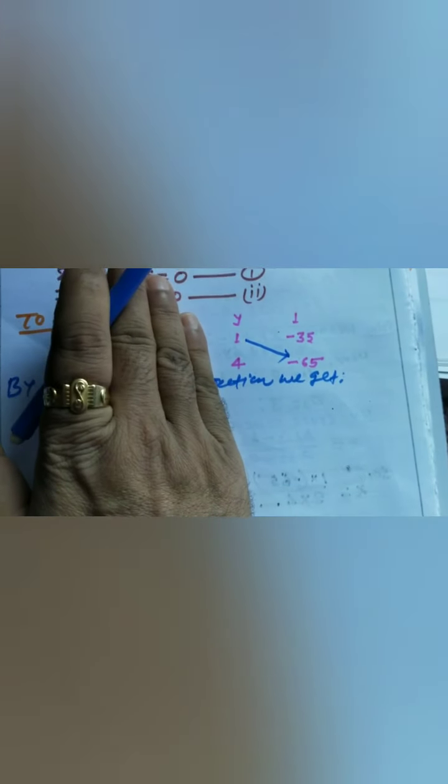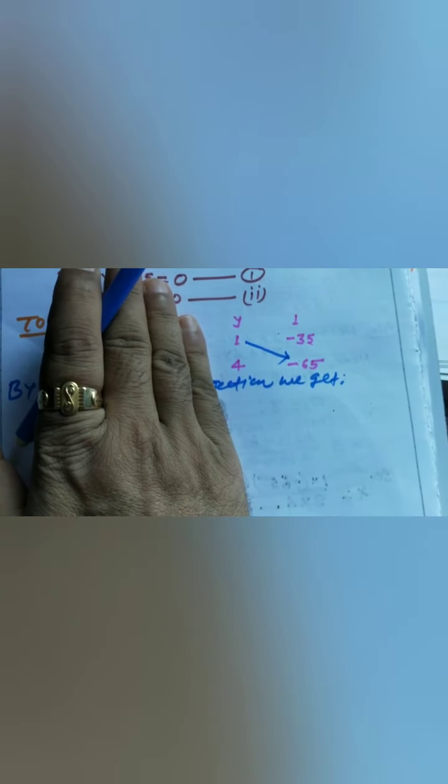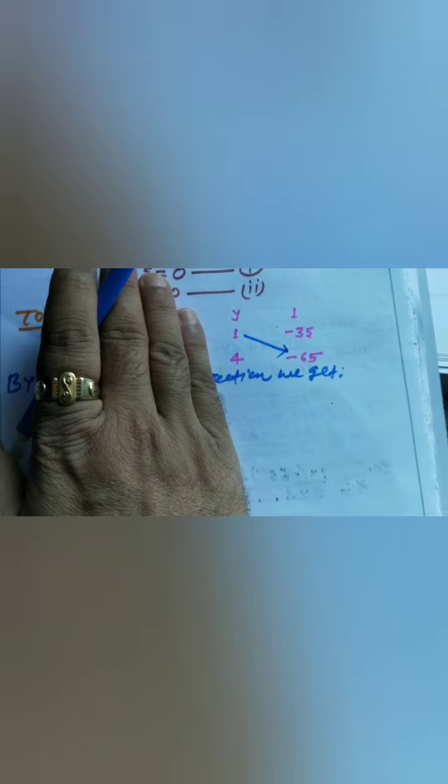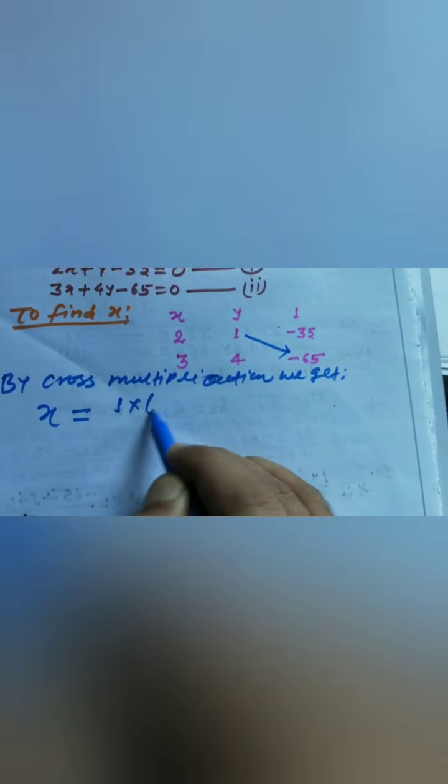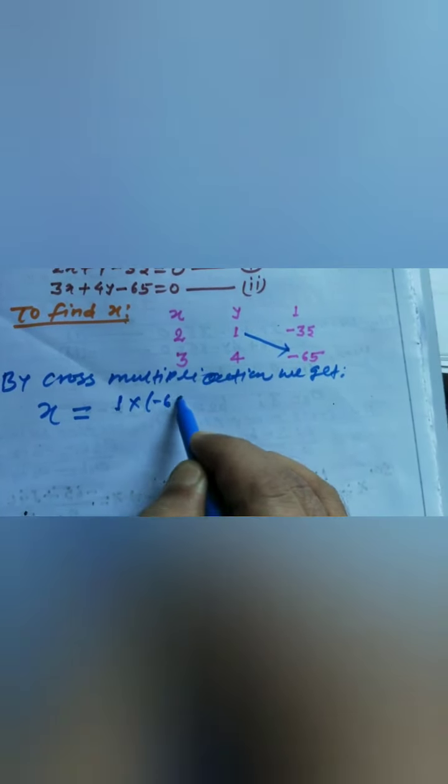You have to cover the x and its coefficient, and then you have to multiply upwards to downwards first. So let us multiply it. 1 multiplied by minus 65, and the minus sign will be there. Then you have to multiply 4 by minus 35.